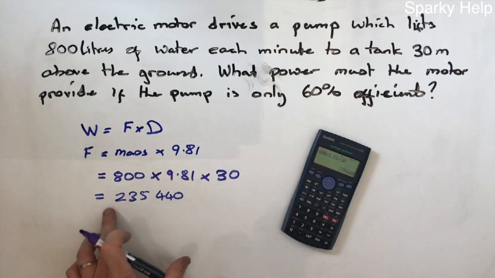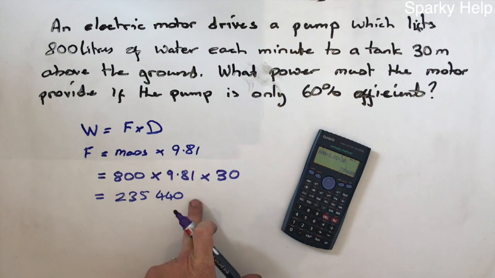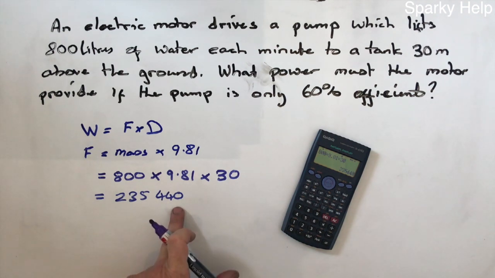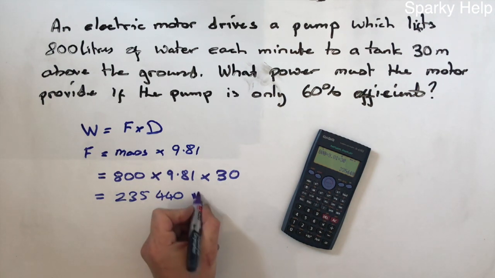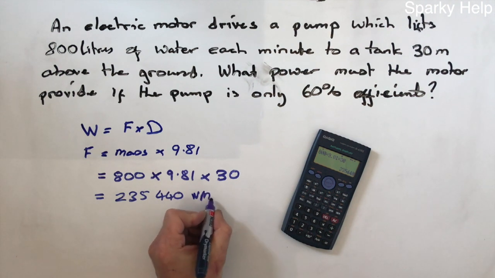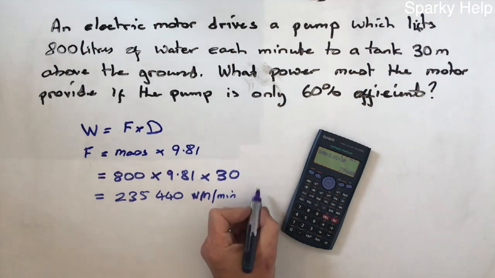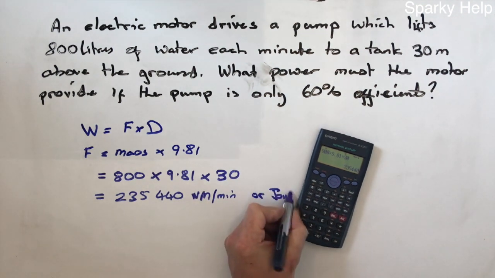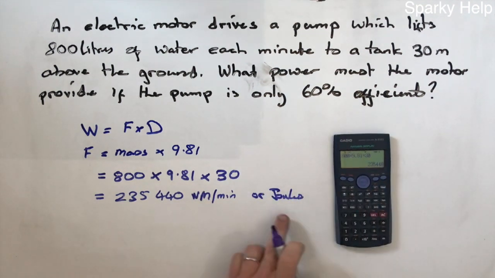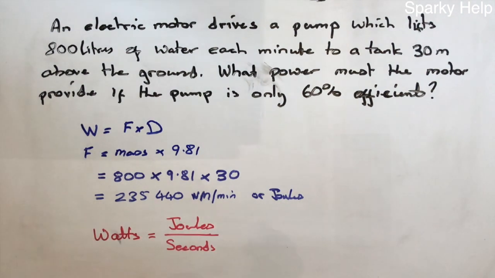Now that is either Newton metres, because it's a force times distance, or joules, which is energy, and we're going to use joules. So we now know the joules that we have, 235,440 joules, that's what we're going to work with.